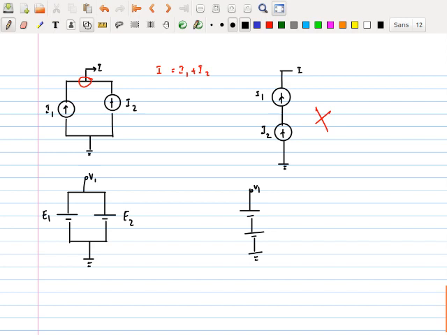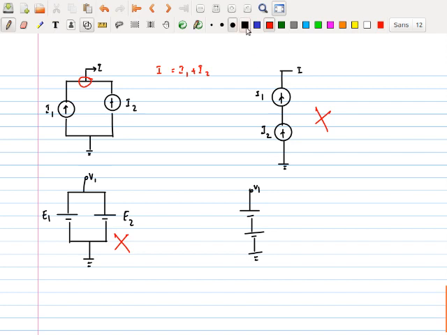Can't do this. Because why? There's a rule that says in a branch, if I have only a voltage source, the two nodes at the ends are fixed at that voltage. You can't have two voltages connected. So this you should never do, especially with the ones in the lab. This one you can.